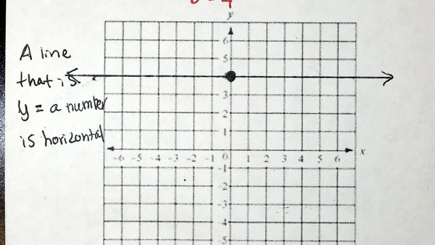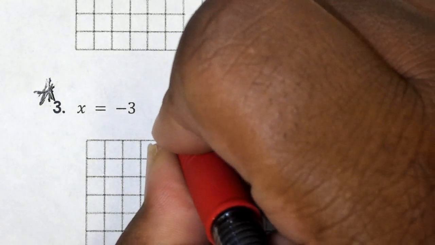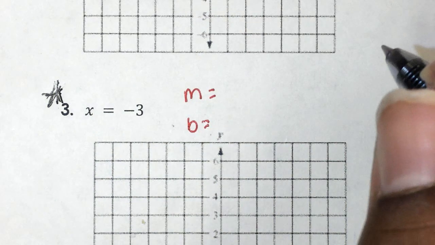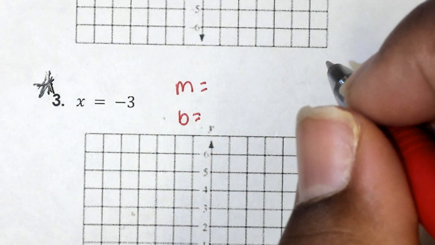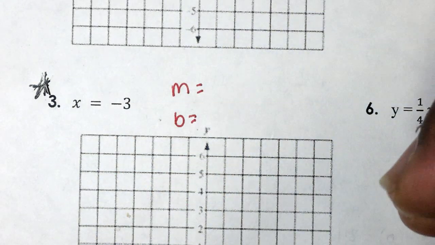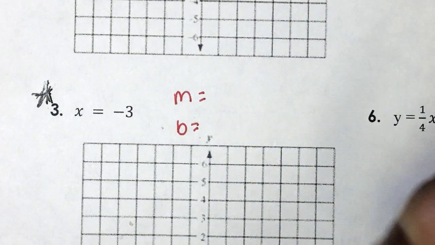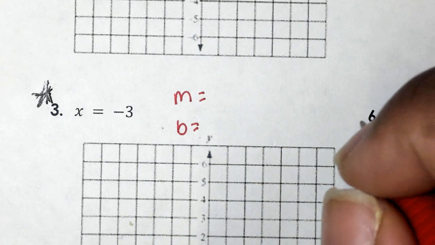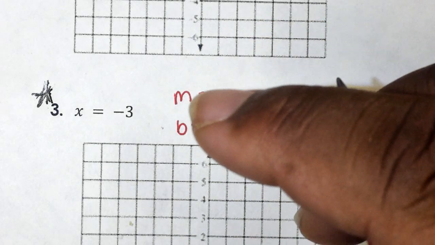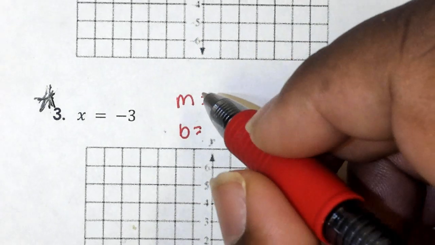The next one is x equals negative 3. Normally I need a slope and a y-intercept. What's my slope? And honestly, I need an x-intercept because x equals negative 3. I apologize, I said that wrong. This one I need an x. What's my slope?